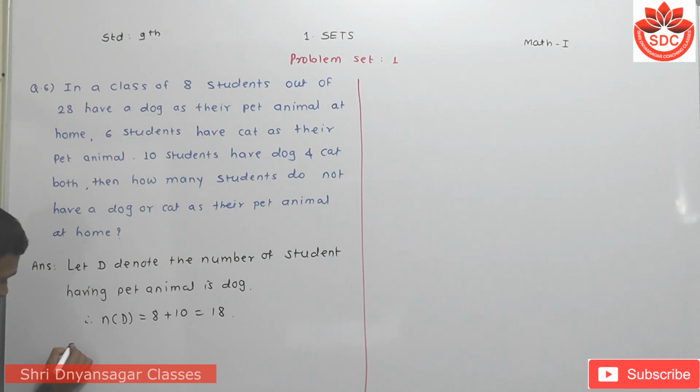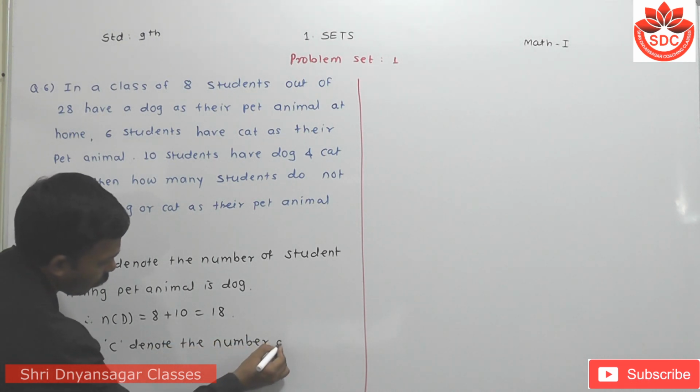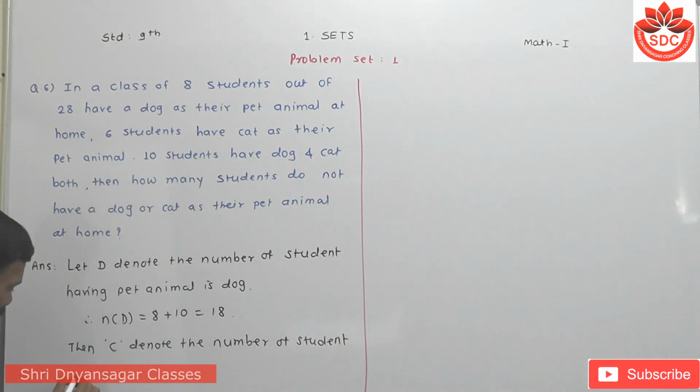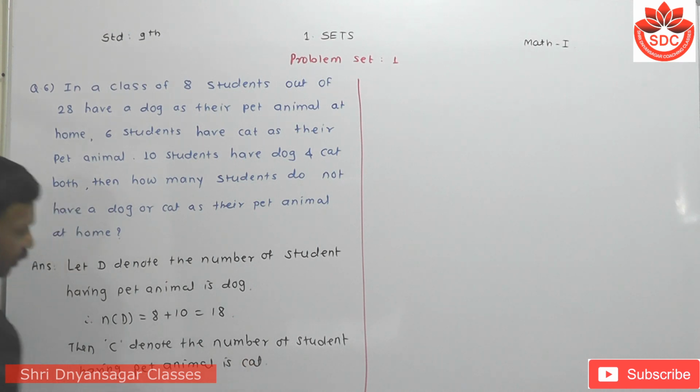Then C denote the number of students having pet animal is cat.